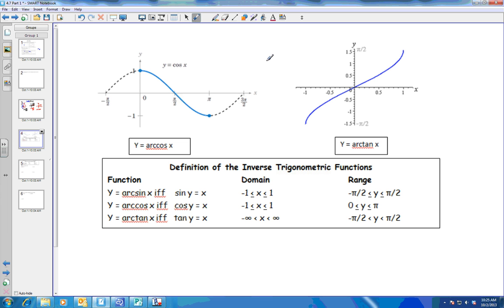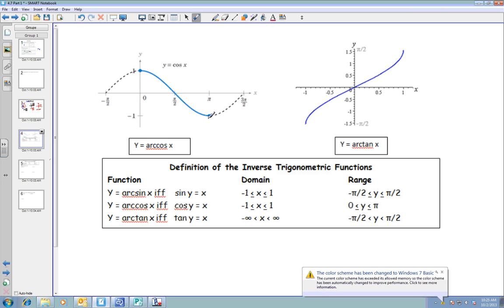I could have continued this on out, and here's the rest of my cosine graph, but from 0 to pi, it makes it a one-to-one function. Okay, for tangent they go from negative pi over 2 to pi over 2. So here's my graph of tangent from negative pi over 2 to pi over 2.